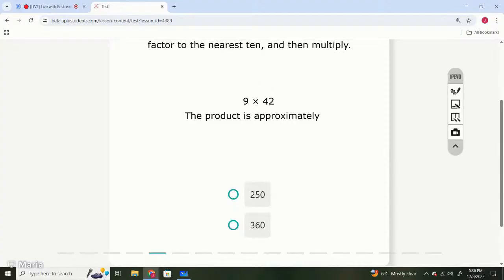So we have to do 40 times 9. 9 times 4 is 36. So then that would be 360. Option number 2 is the correct option.